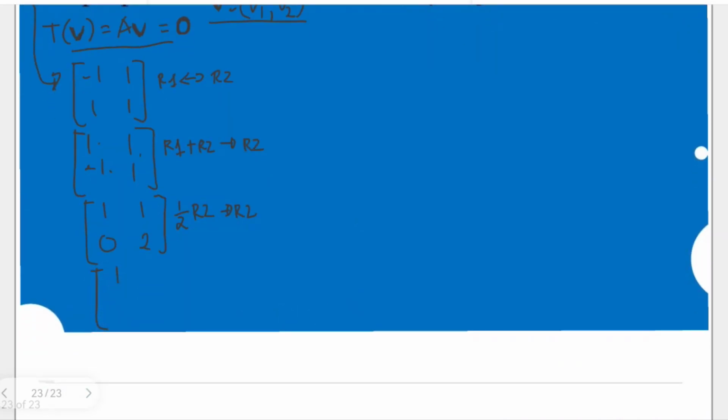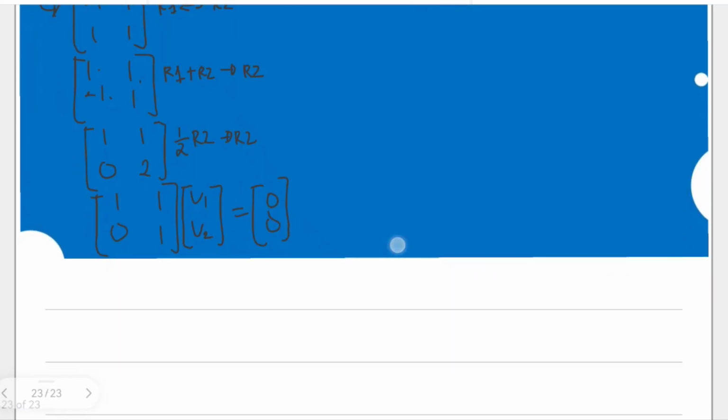In short, the row echelon form is 1, 1, 0, and 1. Of course, we can still move further and make it a reduced row echelon form. But with this already, we can multiply it by v sub 1 and v sub 2, because this is what it meant: A times v must be equal to the zero vector in R2.